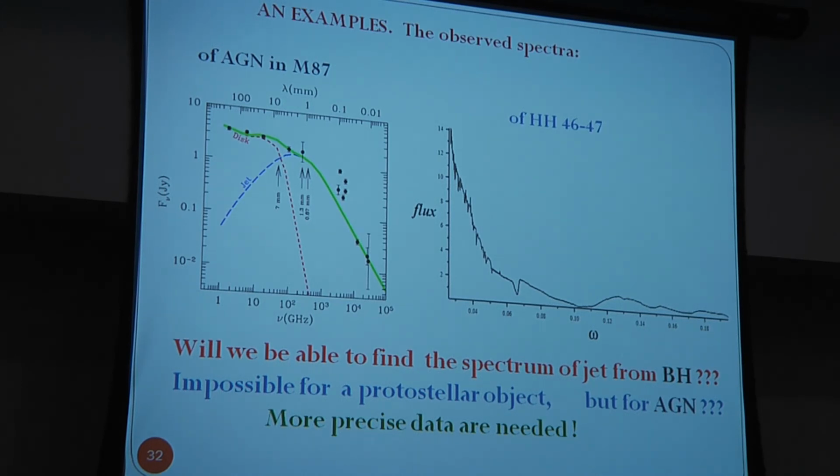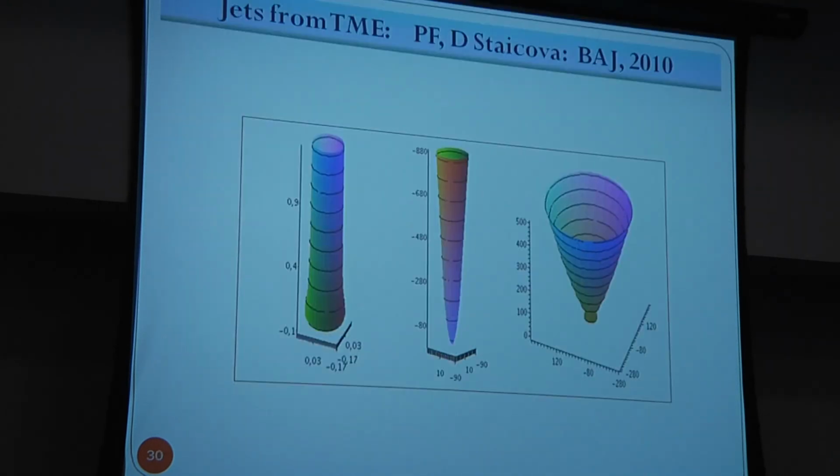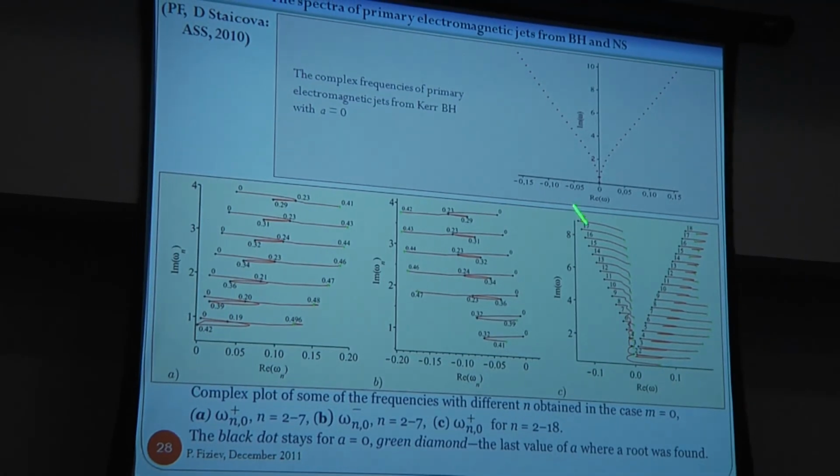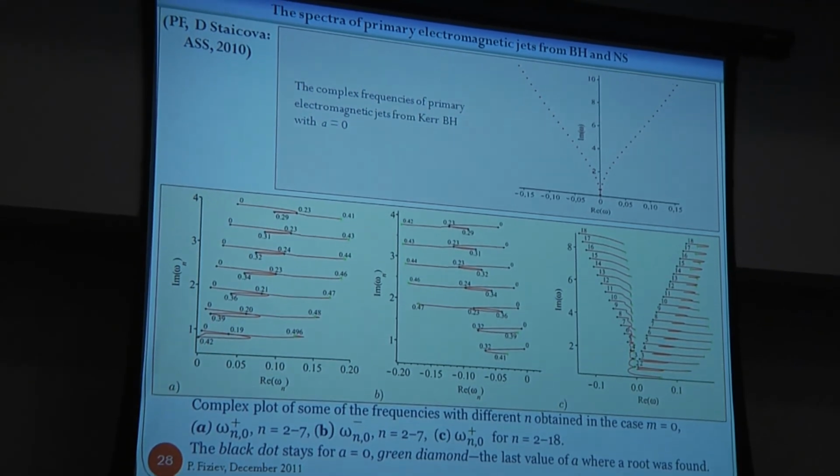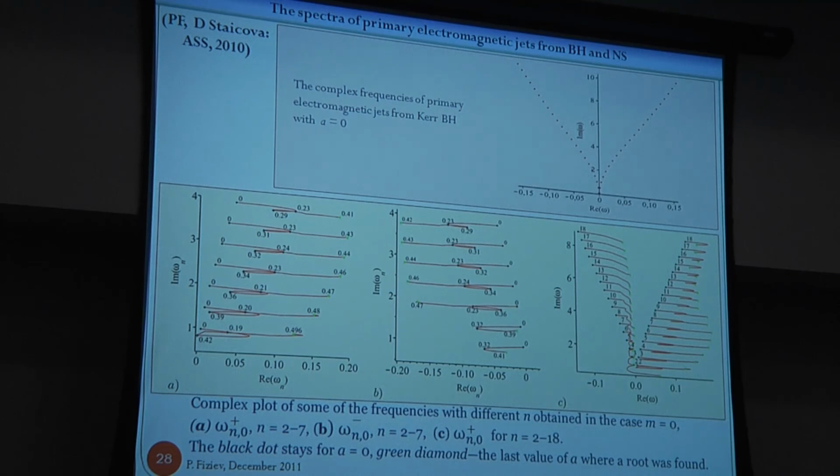So our idea is that if we have a precise spectrum here and here, we have to extract the frequencies and compare these frequencies with this one. This spectrum is generated from black hole boundary conditions. If you see these frequencies and they depend only on two parameters, A and M, everything's okay.